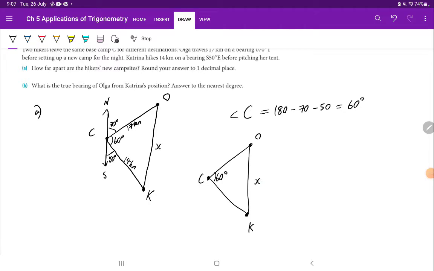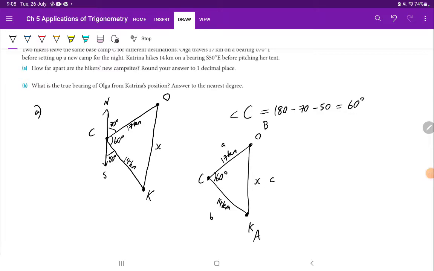And then I know that this is 17 kilometers, and I know this is 14 kilometers. Alrighty, so what can I do with this? Well, now we can just use the cosine rule, and I'll show you why. So if I label this K with an A and this O with a B, then I get little b, little a, and that means X is little c.